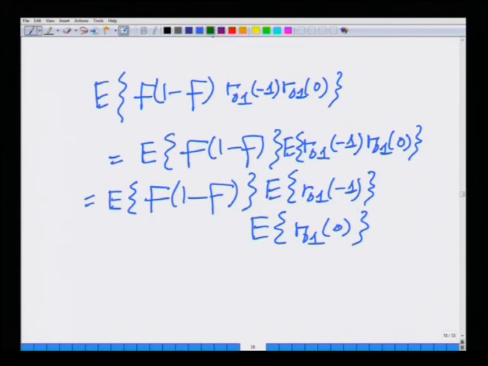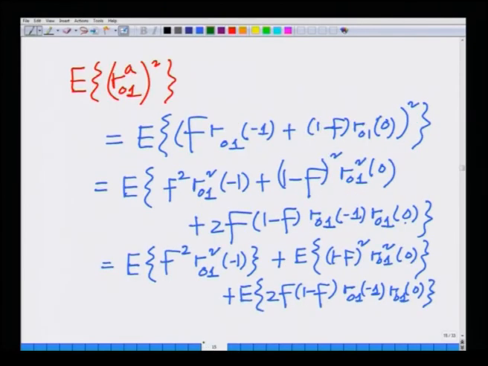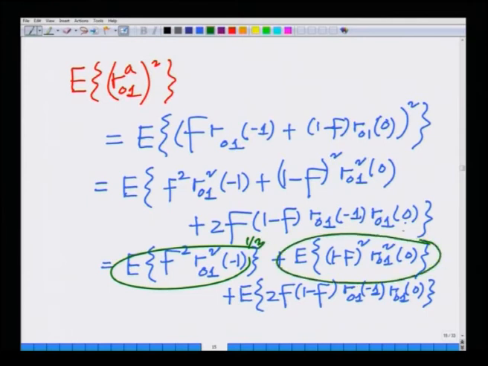We know that both these quantities are 0, hence this is 0. Hence, this quantity that we have here can be simplified as expected f square R01 square of minus 1, this is 1/3, expected (1 minus f) square R01 square, this is 1/3, I am sorry, 1 over 3n, 1 over 3n, and this last term here is 0.